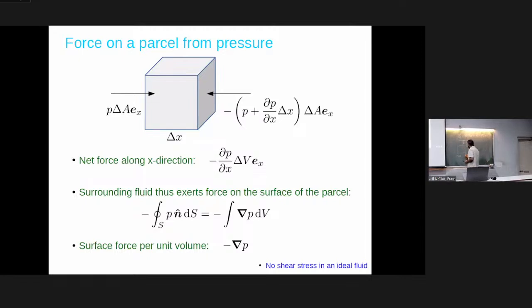So I can write P of x plus delta x as P of x plus delta x times del P by del x, right? I write del because P is a function of x, y, z and t. Okay. Similarly, there are higher order terms which we ignore because now we are considering a very small fluid element. After all, it is by definition very small, right?